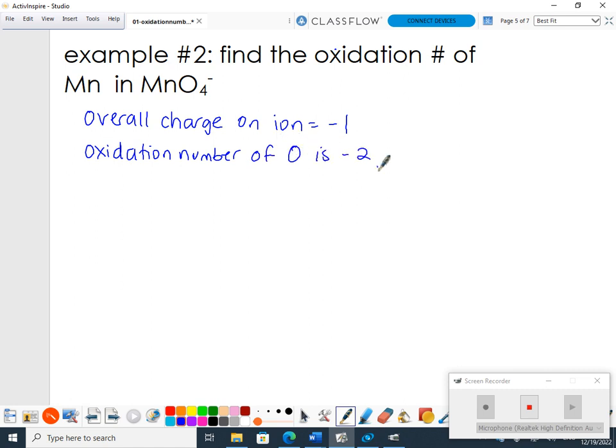We can't have 2 unknowns, so we have to use the oxidation number for oxygen as -2. Okay, so manganese, which we don't know, plus 4 times oxygen, which is -2, but this time it equals -1 because it's a polyatomic ion, it's not a compound.